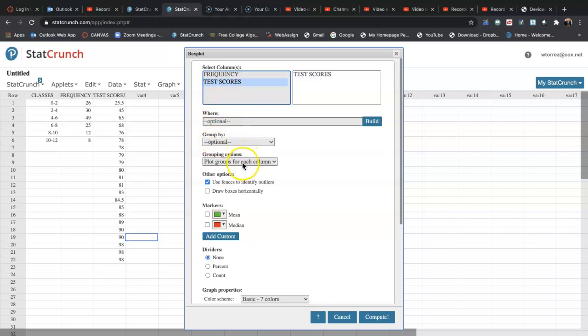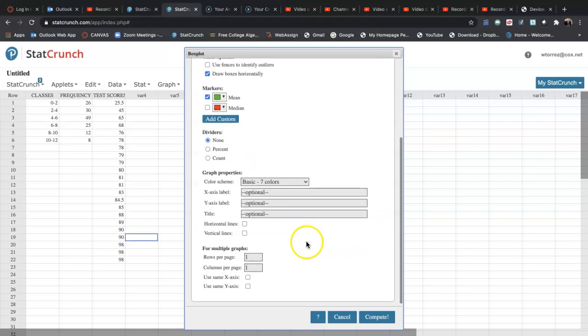We'll skip the grouping options. And I don't want to identify the outliers yet, so I'll draw the boxes horizontally. The box plot will mark the median, but I want to mark the mean just to show you how that would look. Okay, and then let's go down here and use the basic color scheme.